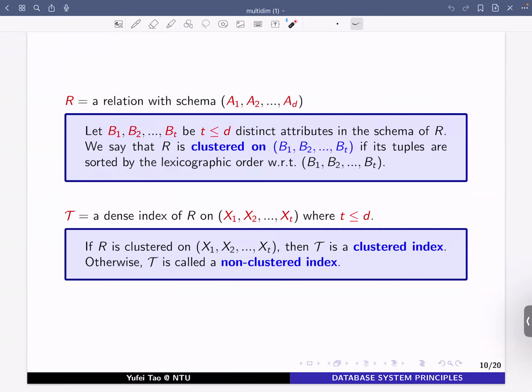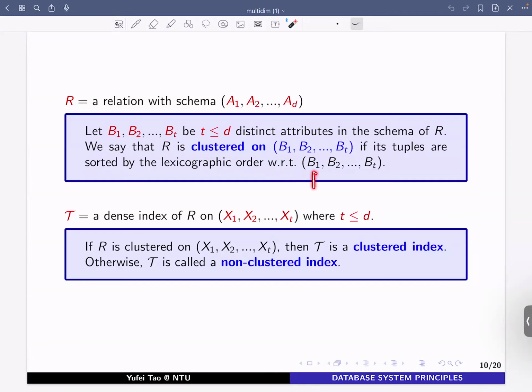Okay, so let's quickly generalize this concept of clustered to the multidimensional case here. Basically, clustered just says sorted, right? There's no mystery here. When you say a relation is clustered on T attributes, a sequence of T attributes, then basically you are saying that the tuples are sorted lexicographically with respect to this sequence.